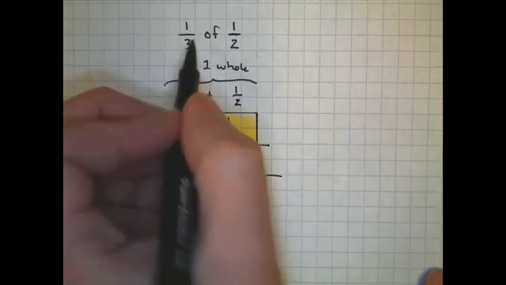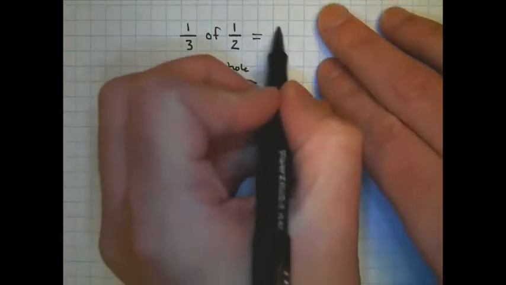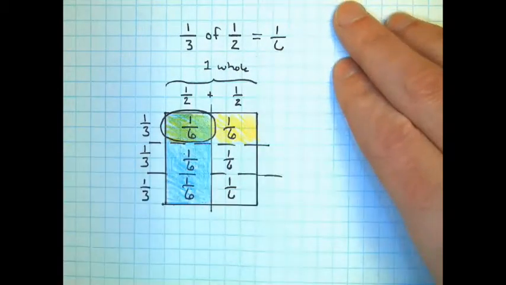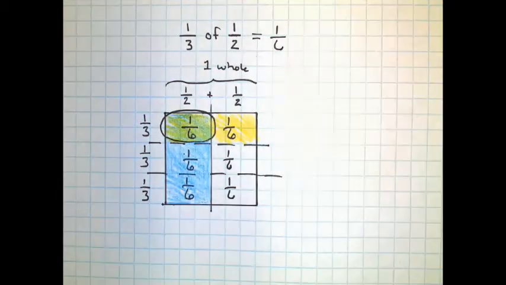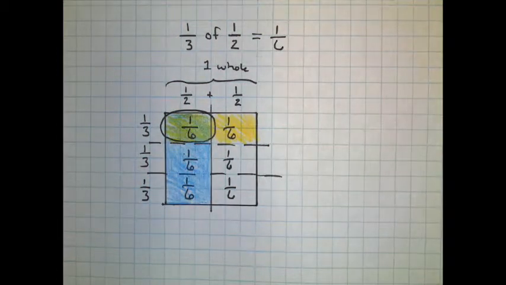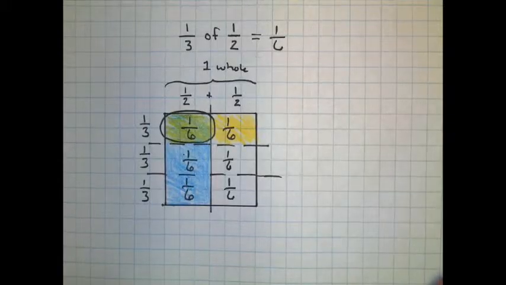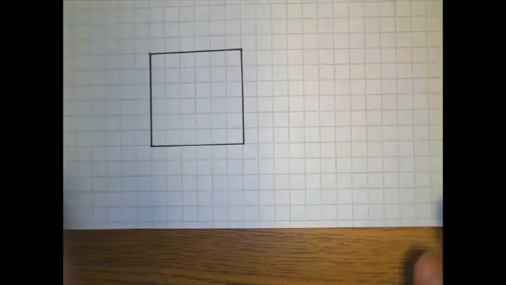So 1/3 of 1/2 is equal to 1/6. Interesting. My fraction's getting smaller than what I started with. Let's take a look at another one. It's a very similar problem, but it's flipped around.